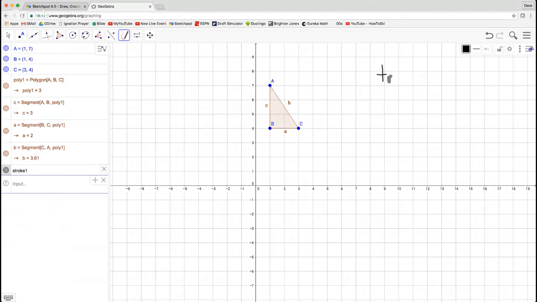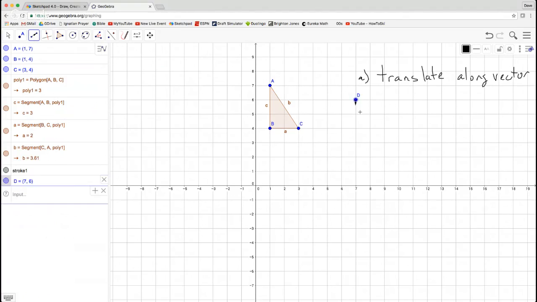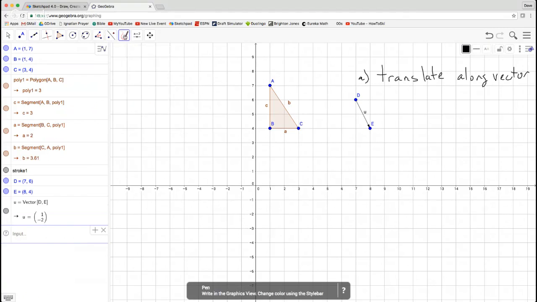So A, we're going to translate along a vector, and I'm going to draw that vector for you in a second. Translate along a vector. So let's draw that. Oh, let's just go ahead and draw that vector. Okay.